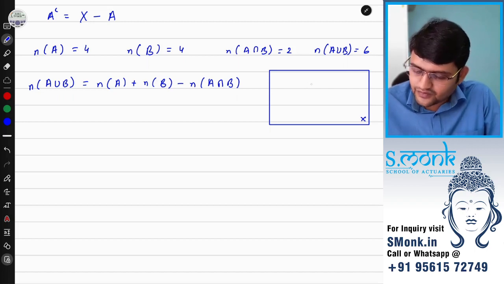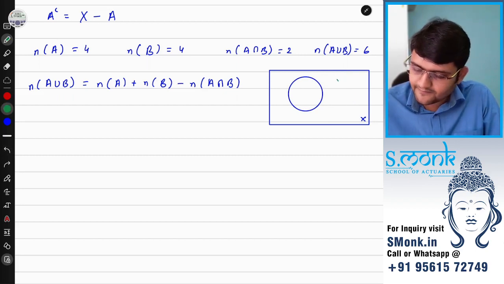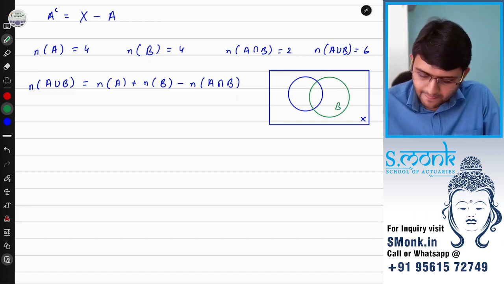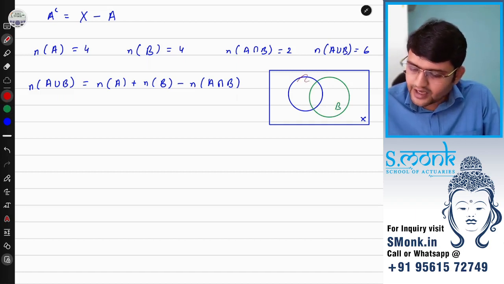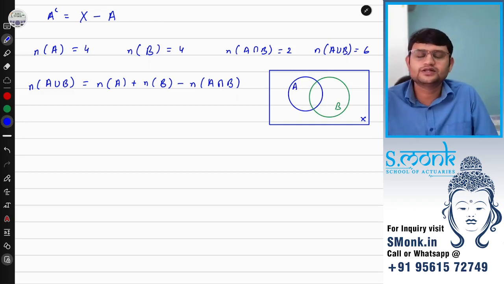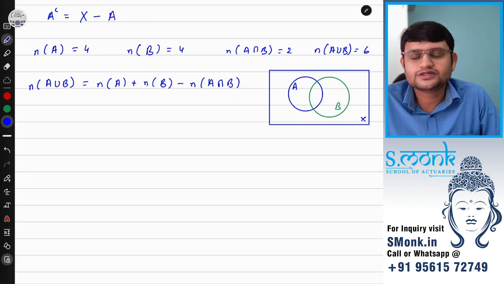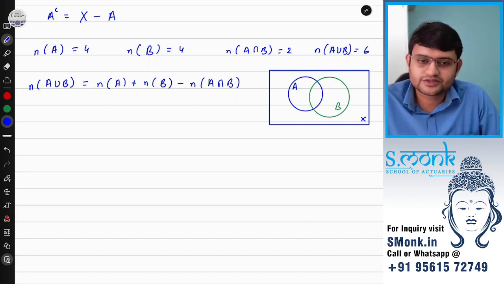Here we have two sets, so I will make two circles, in different colors. The area under the circle represents the elements.